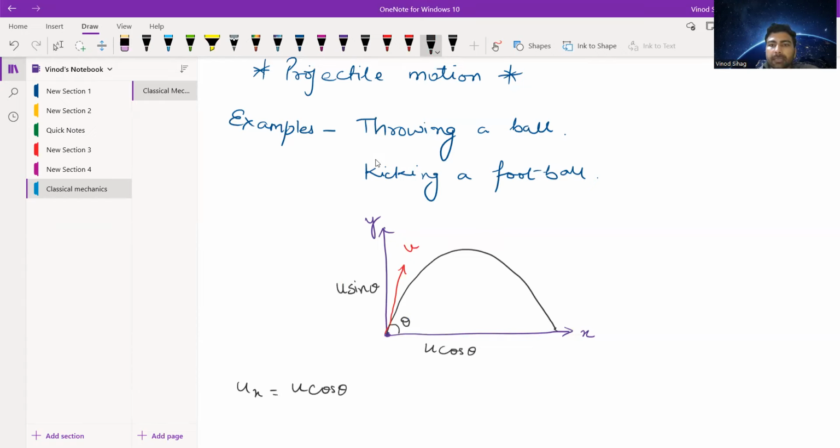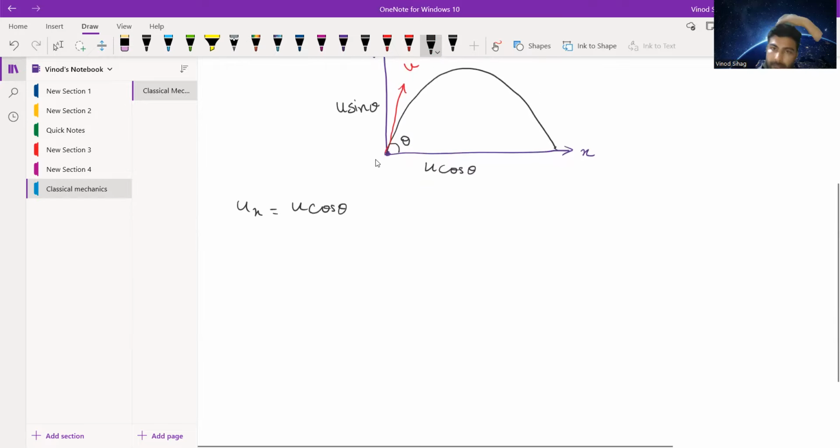That we all know from trigonometric properties. So our first task is done: we have calculated the horizontal component and the vertical component of the initial velocity.